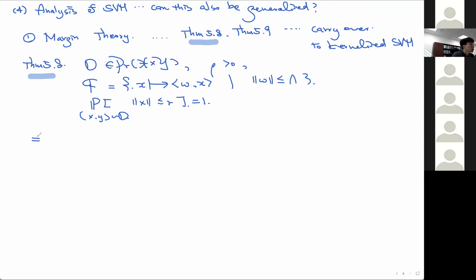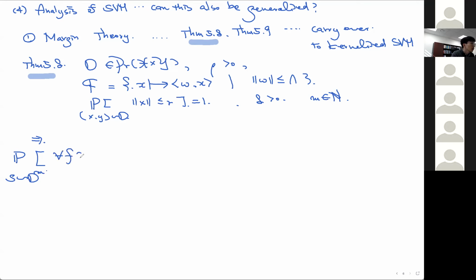If that is the case, we have some delta which controls what we want to achieve, and m is the number of examples in the sample. Then we have the following uniform bound for m samples.